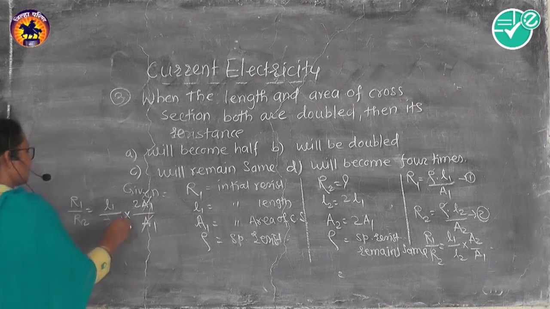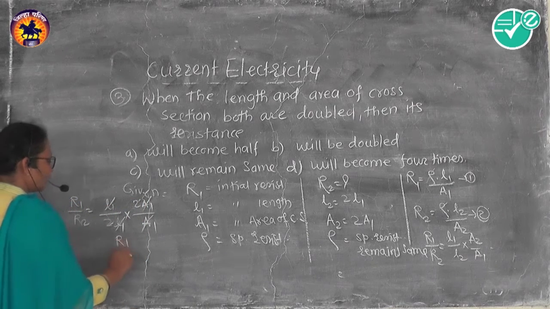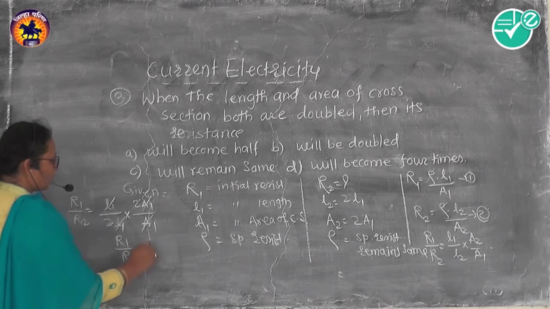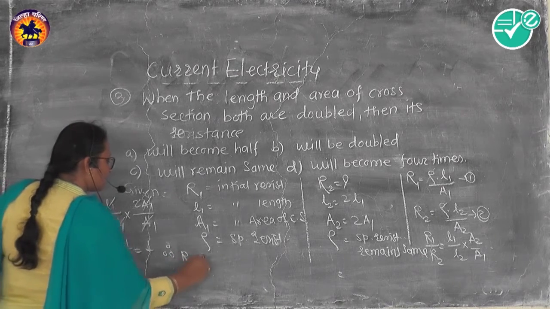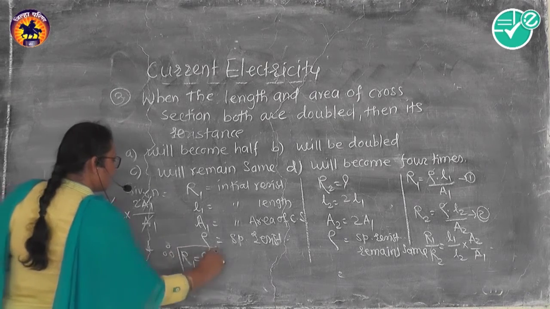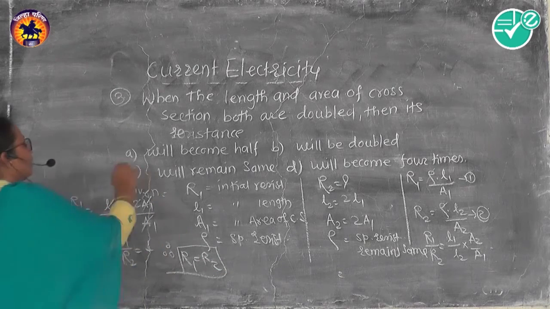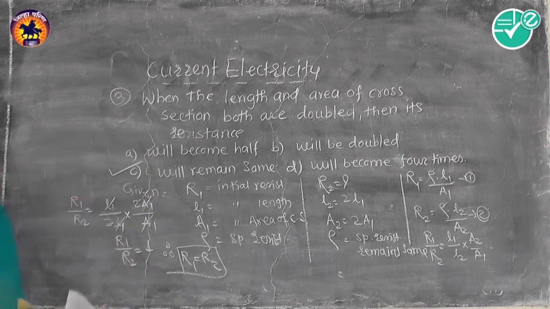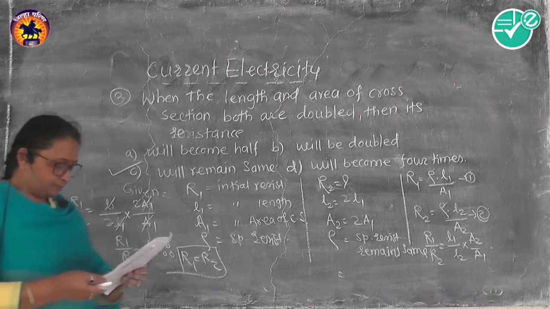Here A1 gets cancelled, L1 gets cancelled, and 2 gets cancelled. So this ratio will become R1 upon R2 is equal to 1. That means R1 is equal to R2. Hence, that resistance does not change, it will remain same. So our option is C, that is, it will remain same.